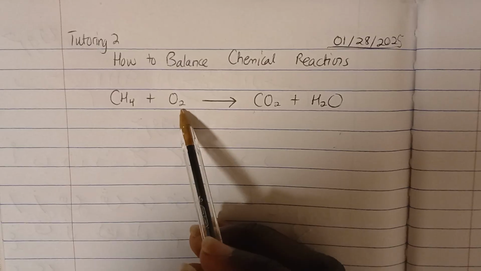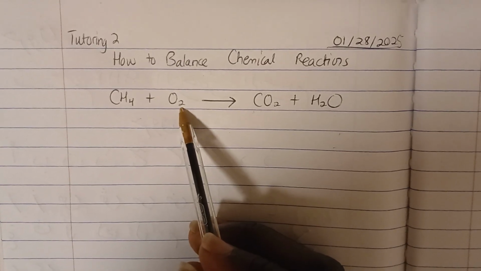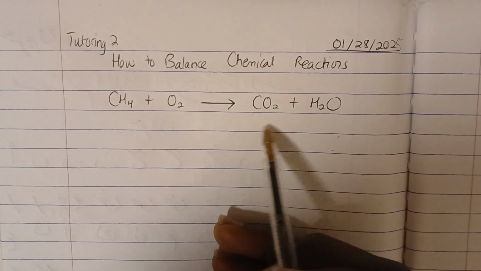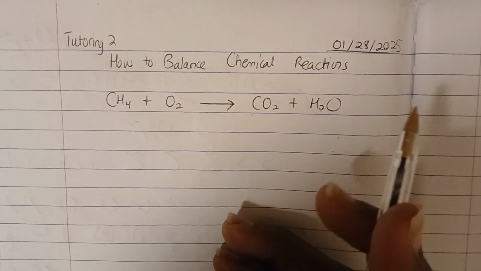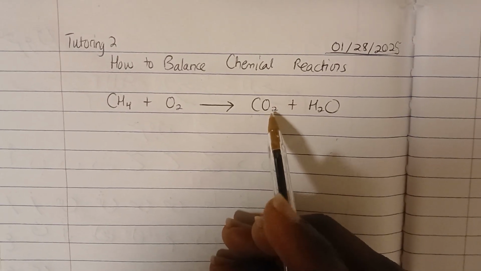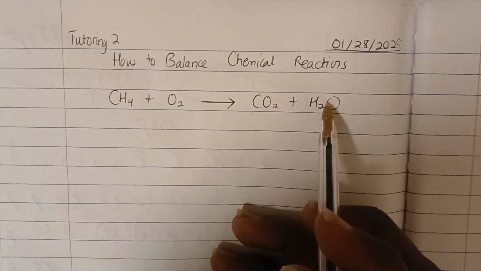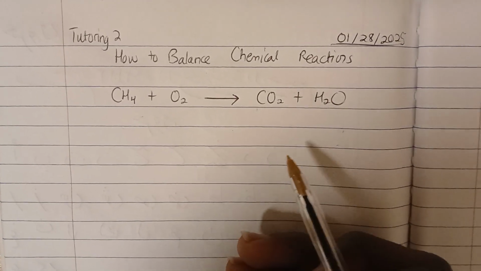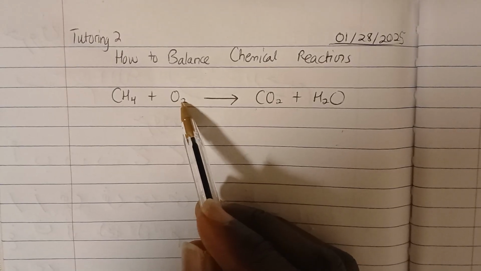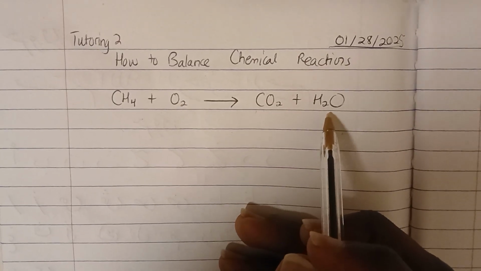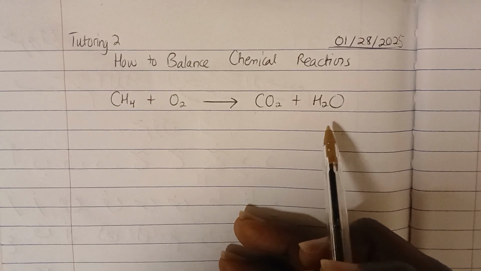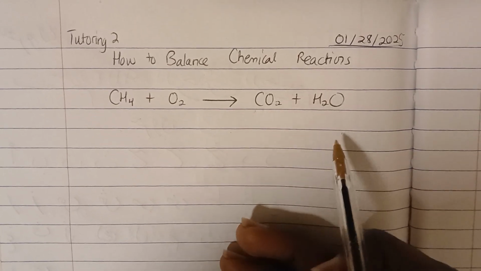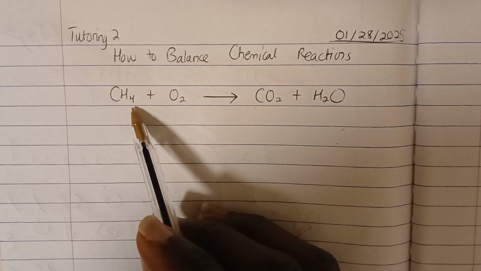There's 2 oxygens on the reactant side, and there's actually 3 oxygens on the product side. You would think that it's 2, but there's also an extra oxygen here, so 2 plus 1 is 3, right? So there's 2 oxygens here, there's 3 oxygens on the product side, so that's not equal. 2 is not 3, and 4 is not 2.